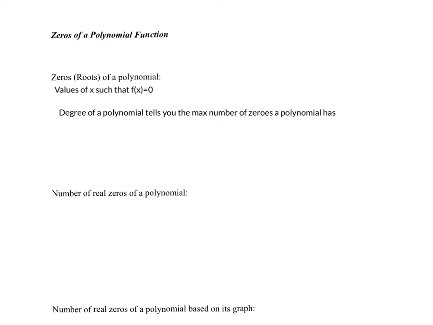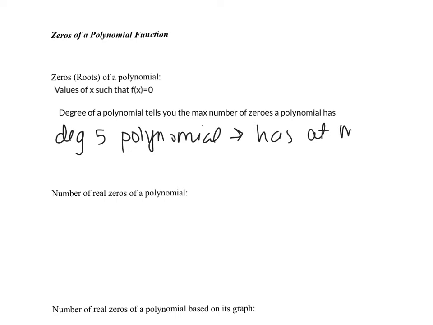So for example, if I have a degree 5 polynomial, I know it has at most 5 zeros. Now, some of these zeros may be real, some of them may be complex, which is what we're going to talk about next.